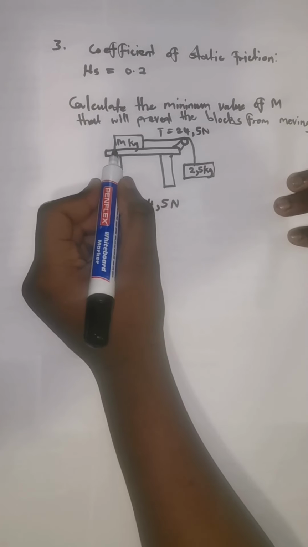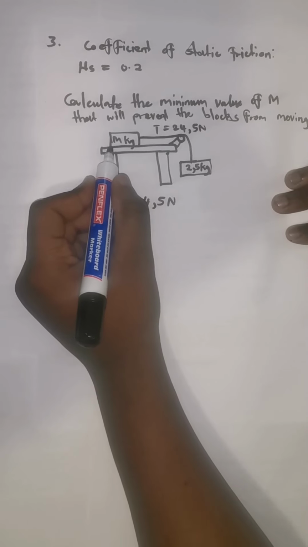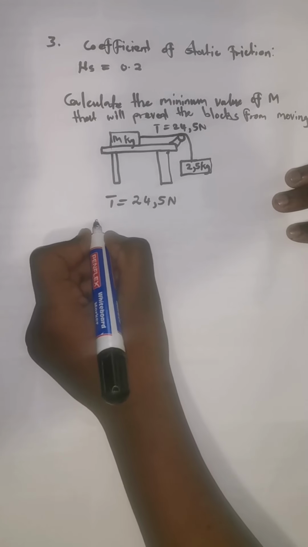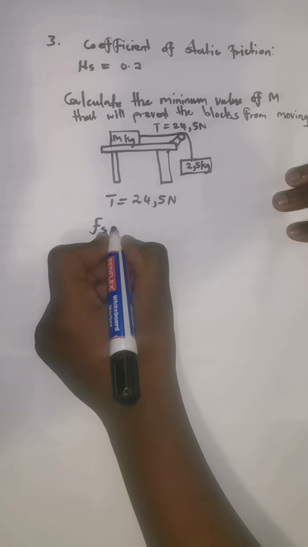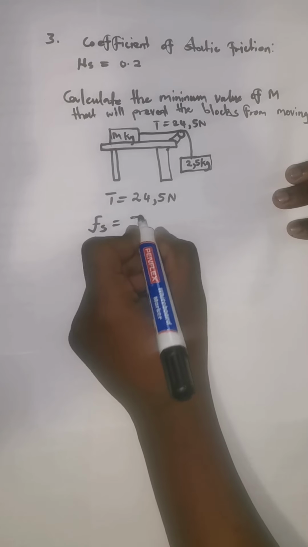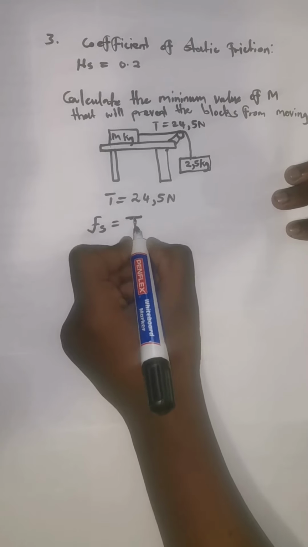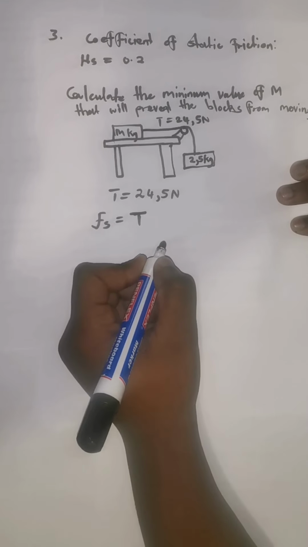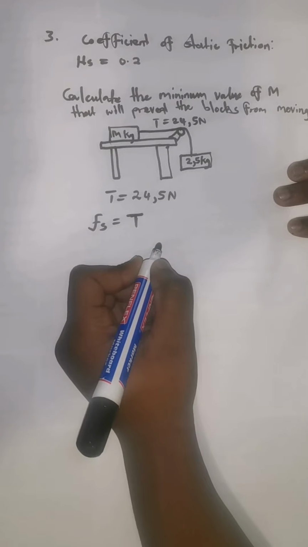And then we also told that there is static friction. So this means that the force caused by the static friction is equal to the tension in the Y. And as you can notice, there is no other force you can actually consider for this question.